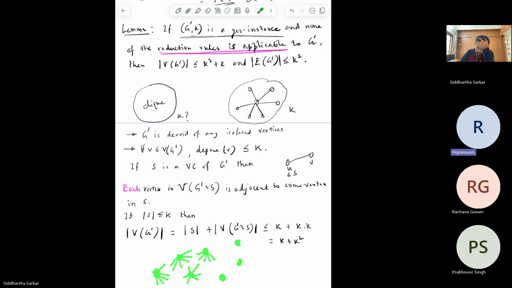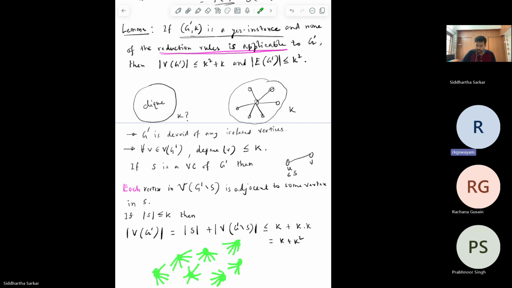Every vertex has a maximum of k edges, so k into k, which is k square. Since every vertex is capable of covering only at most k edges, and all the edges are covered using at most k vertices, there cannot exist more than k into k edges in the reduced graph.